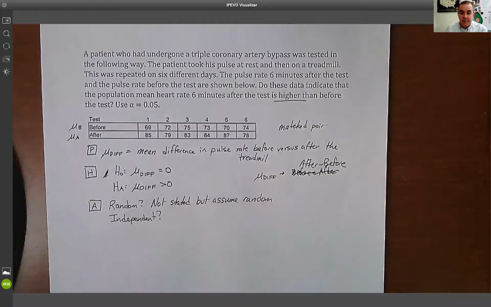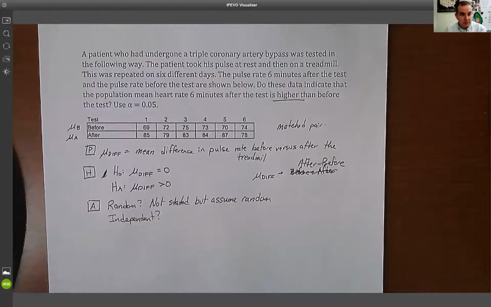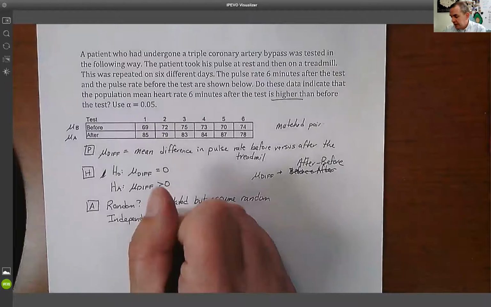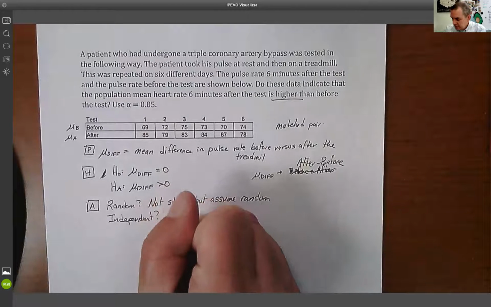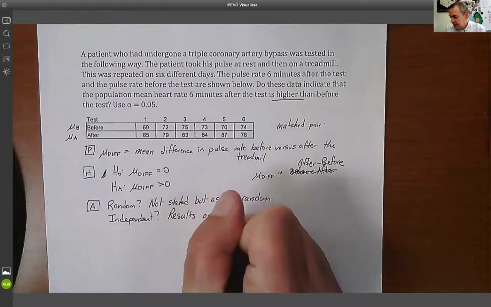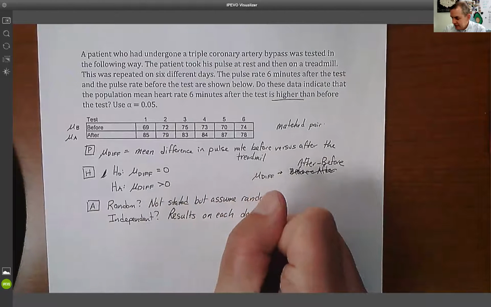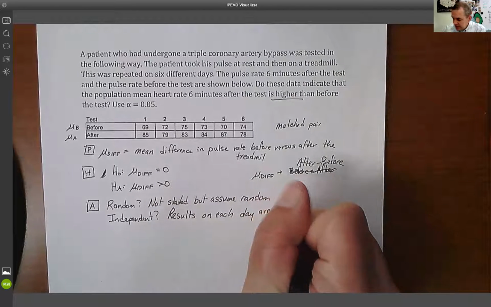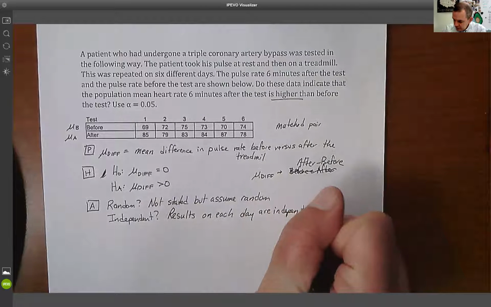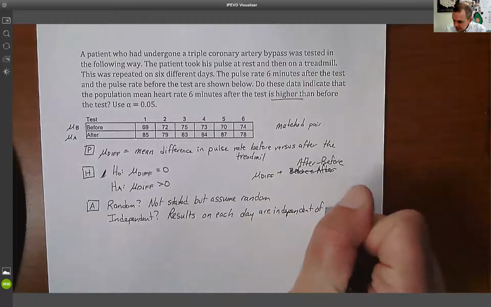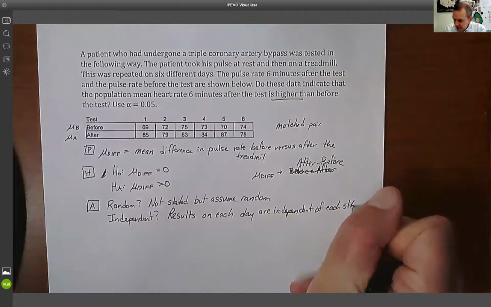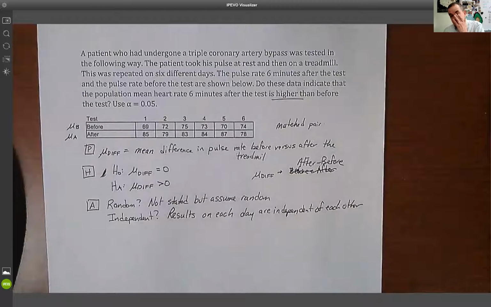This is an experiment. I'm imposing a treatment. The treadmill is the treatment. So I'm going to say that results on each day are independent of each other. That your pulse rate on Tuesday has no bearing on your pulse rate on Thursday.